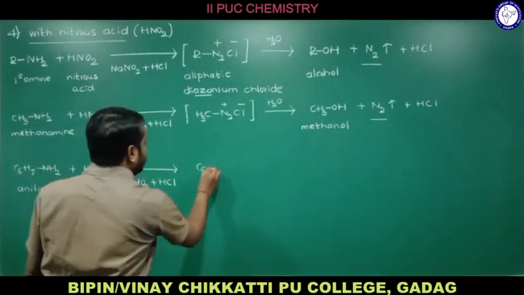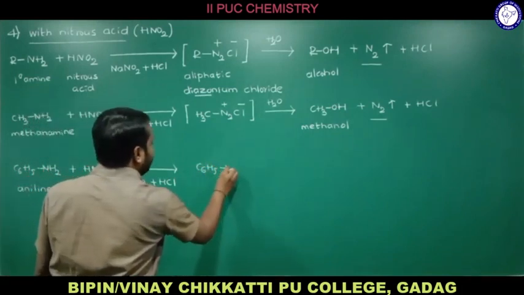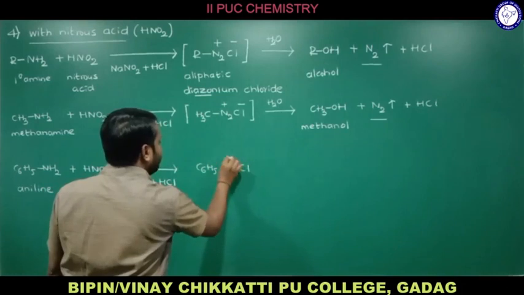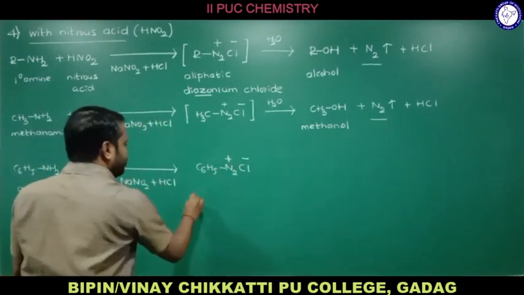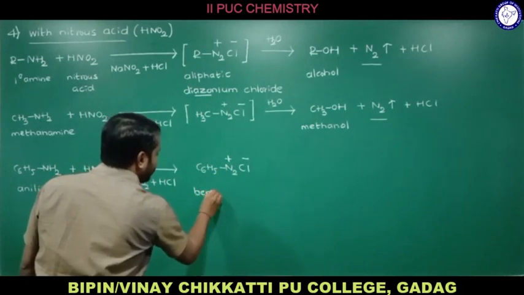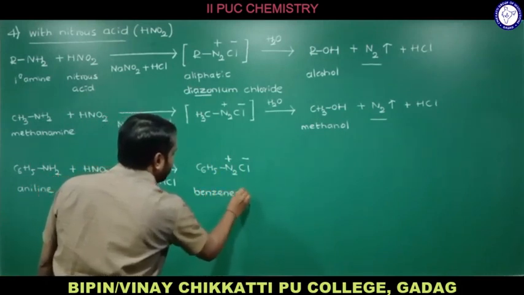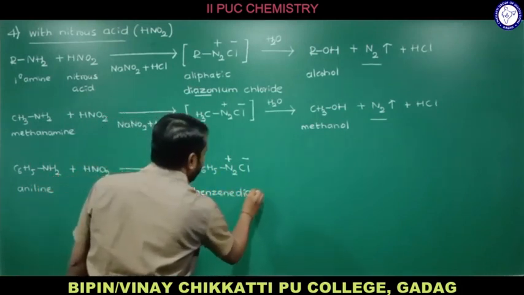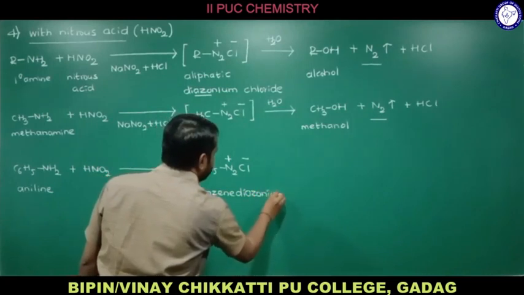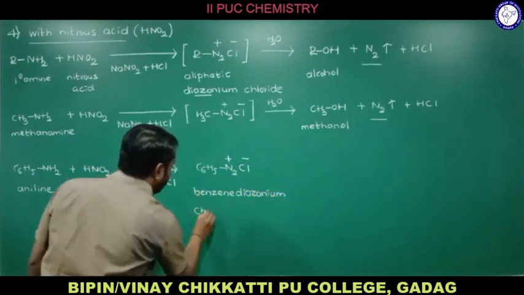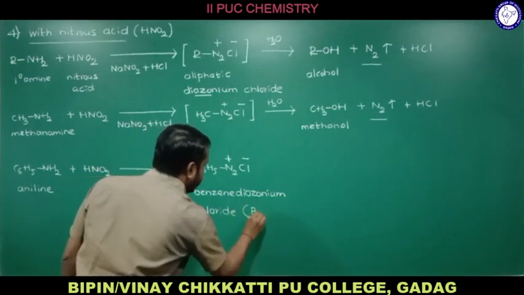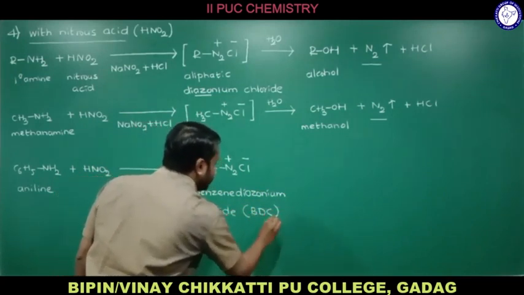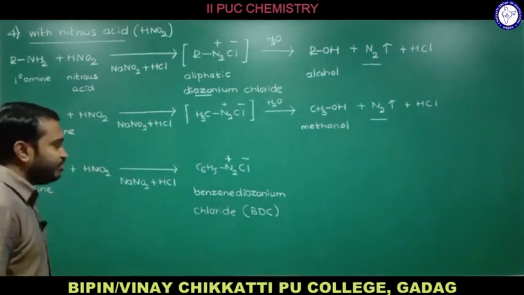Let me write over here, C6H5N2+Cl-, and the name of this compound is benzene diazonium chloride. In short you can call it BDC also, benzene diazonium chloride.